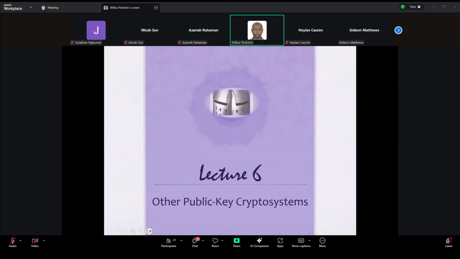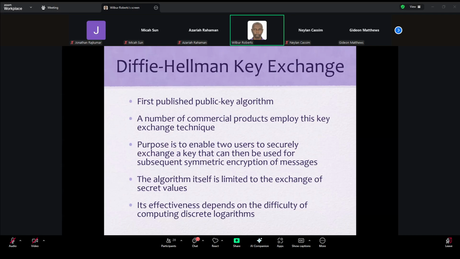It will show us why we do modular arithmetic. All right, so here we're going to look at, let me see if the recording is on.